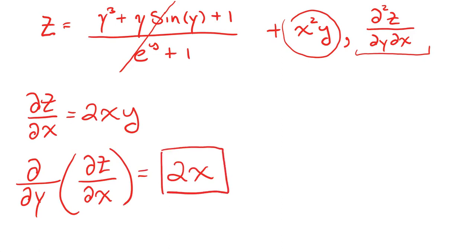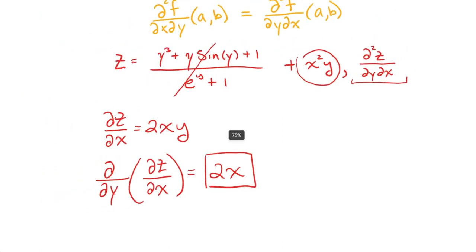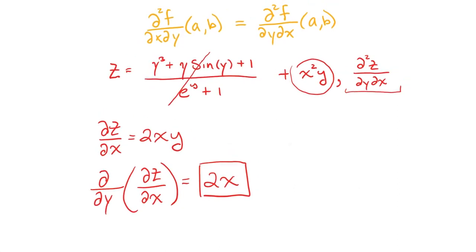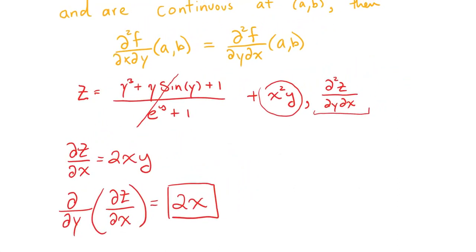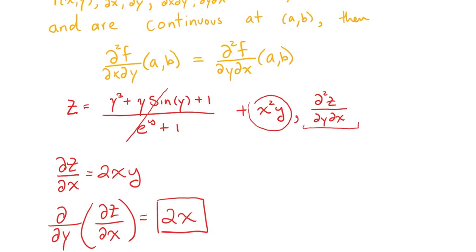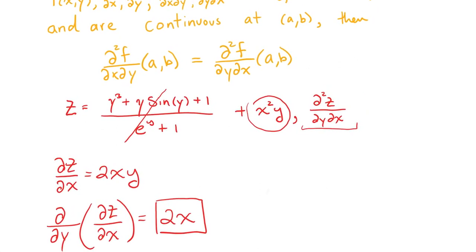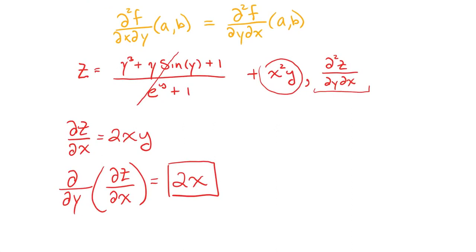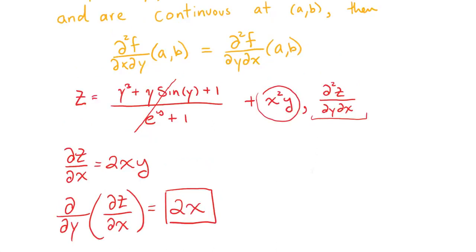And that was a lot easier than doing the quotient rule and probably another quotient rule, but we found the second order derivative of this multivariable function using Clairaut's theorem, and it's simply 2x.